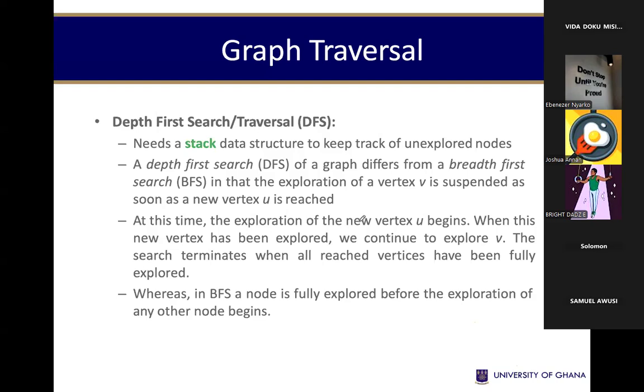At this time, the exploration of the new vertex u begins. When this new vertex has been explored, we continue with v, the one we were already on. The search terminates when all reachable vertices have been fully explored, whereas in BFS, a node is fully explored before the exploration of any other node begins.